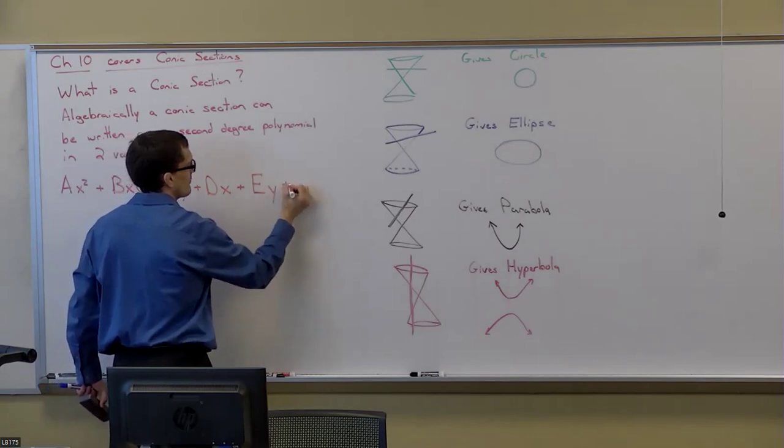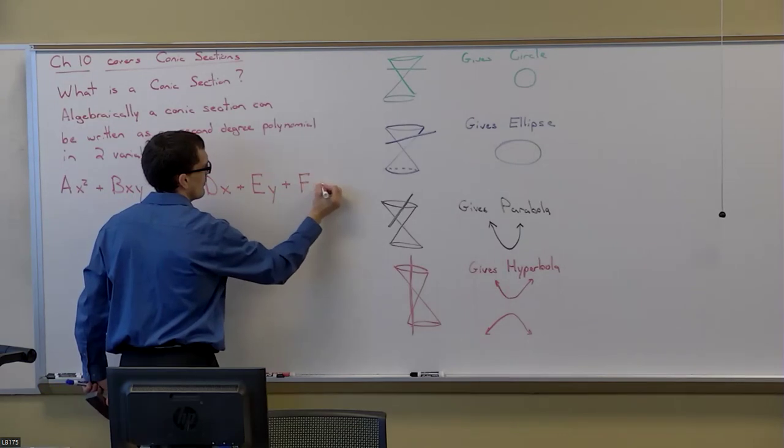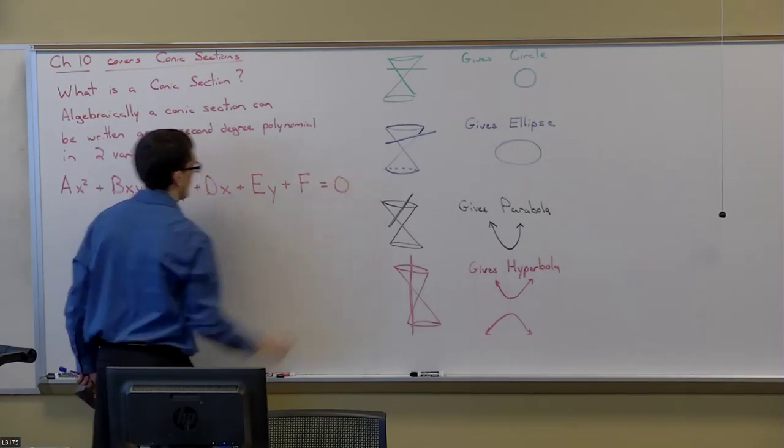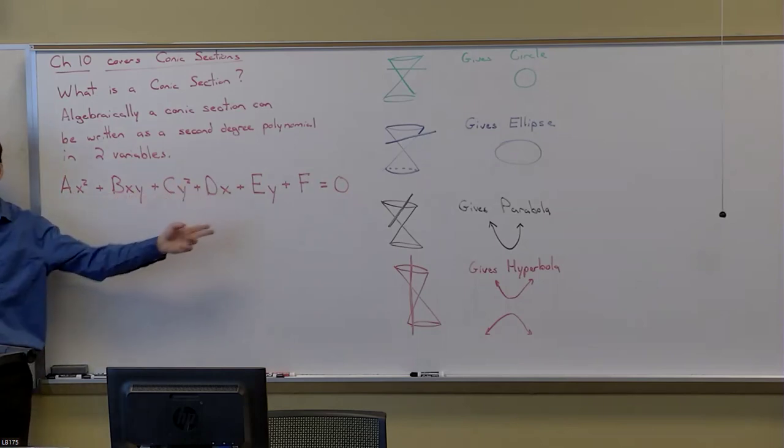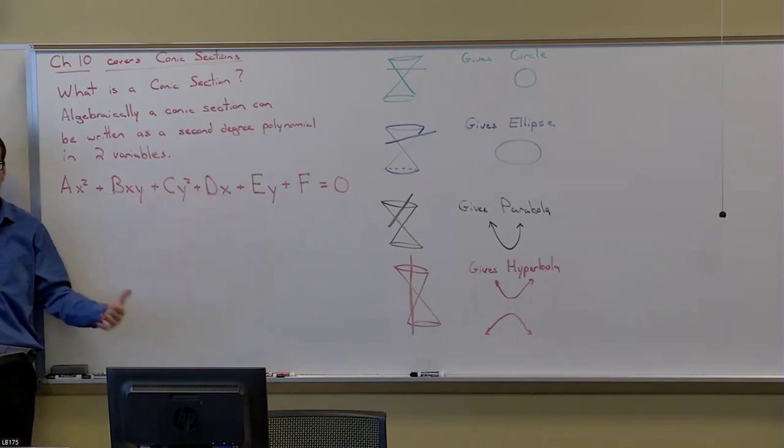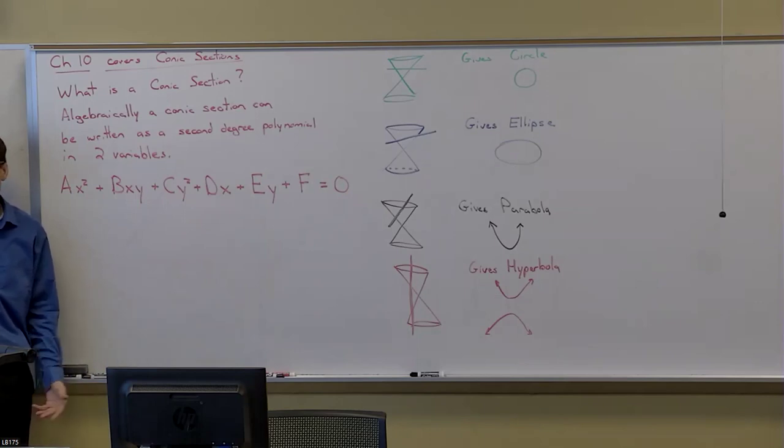You can have a constant. And if you combine like terms, it looks like that. You can always force it to look like that. So the highest degree of any term is 2, and we have 2 variables. One is x, one is y. Do you get that?